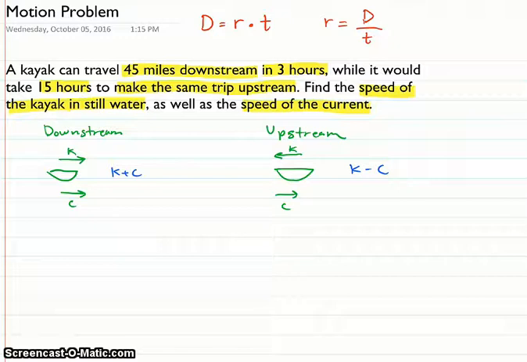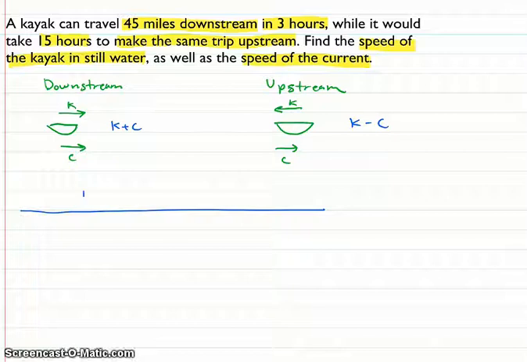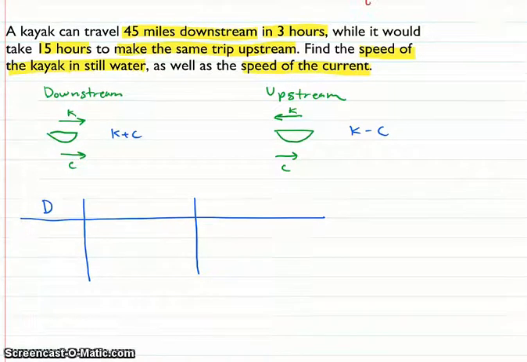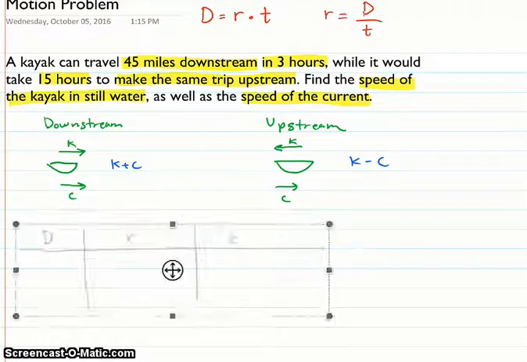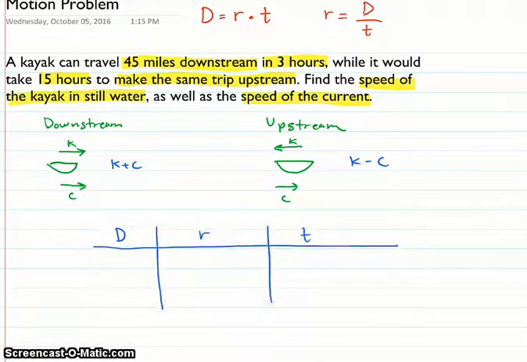Once we have that, it's very important to be organized with these types of problems. So organize like this. We're going to consider what distance we have for each scenario, what the rate is, and what the time is. This is downstream, and this is upstream.